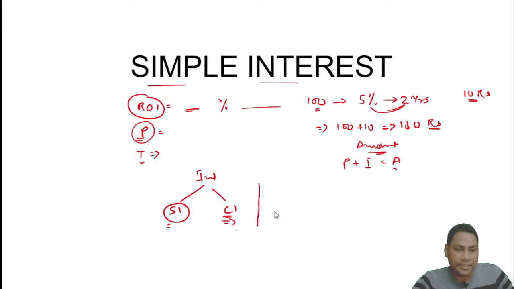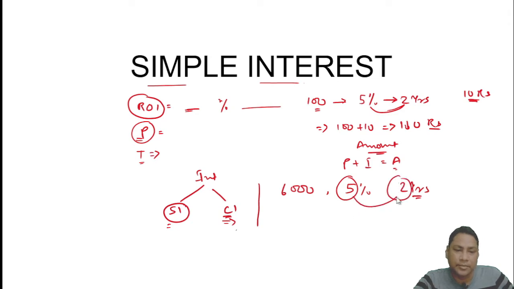If anybody has invested 6,000 rupees at the rate of interest of 5%, then what will be the interest after 2 years? Here the rate of interest is 5% and the time given is 2 years. So the interest will become 10%, and 10% of 6,000 will be 600 rupees.